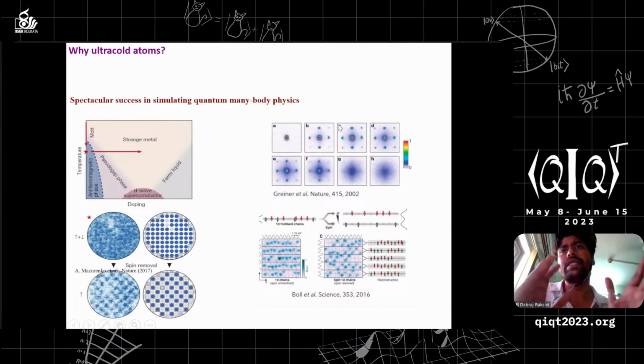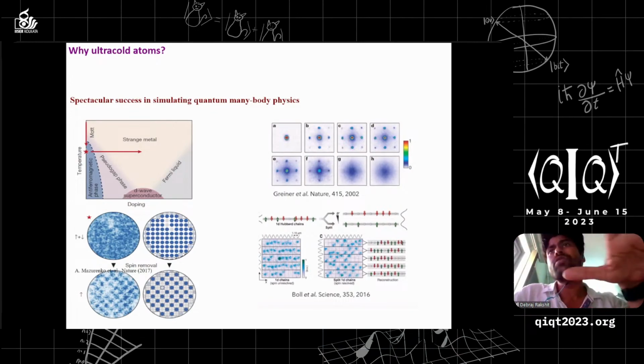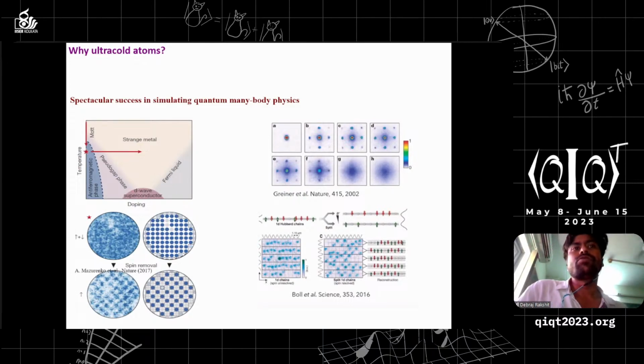You can see there is a change from superfluid, somewhere there is a crossing, and then there is an insulating phase. You have to do a Fourier transformation to get it, because this is in momentum space. Then stronger cameras were developed with time, so now you can literally see the positions of the atoms, where the atoms are sitting. You can take pictures and see where the atoms are in real time.